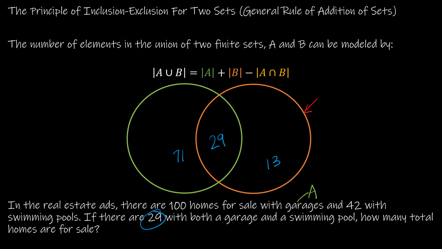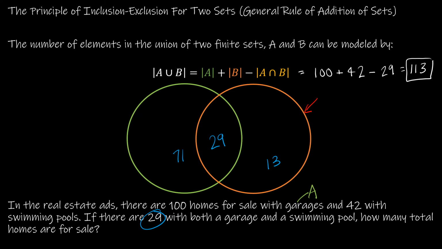So again, this is just a way for us to not have to do that math. If I have to draw out the Venn diagram, again, not super friendly, but this formula says take 100 plus 42 and subtract the 29 just one time. So again, that's still going to give us that same result, which was 113 that we found before. But let's talk about why this works.